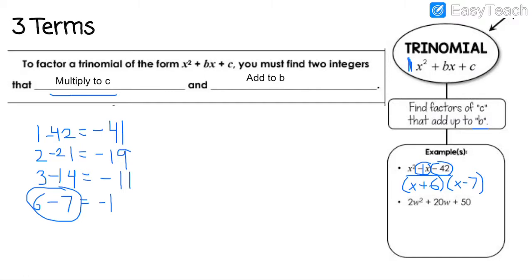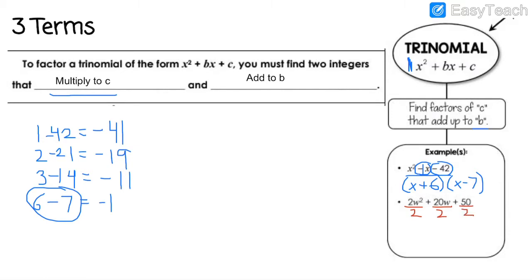All right, looking at our next one, we have 2w squared plus 20w plus 50. So in this case, we need to look for a greatest common factor because we don't have 1 in every term, or in any of the terms. So I have a 2, a 20, and a 50. The biggest number that will go into each one of those is 2. So I'm going to divide each of these terms by 2.